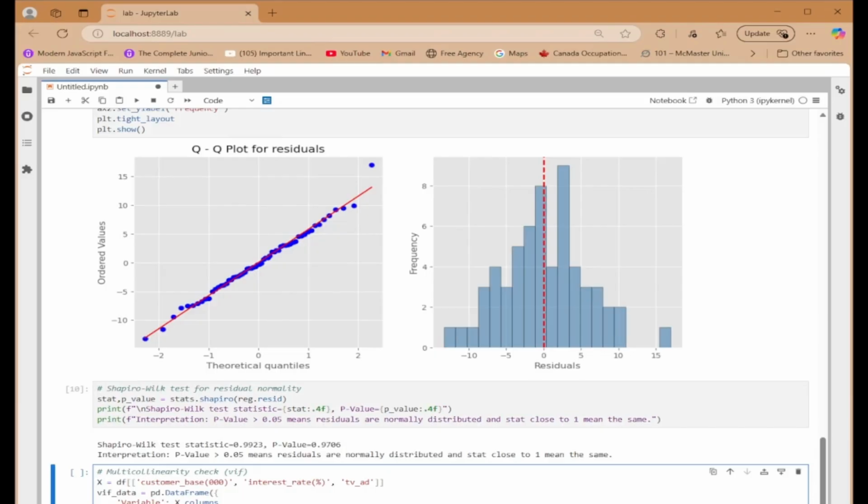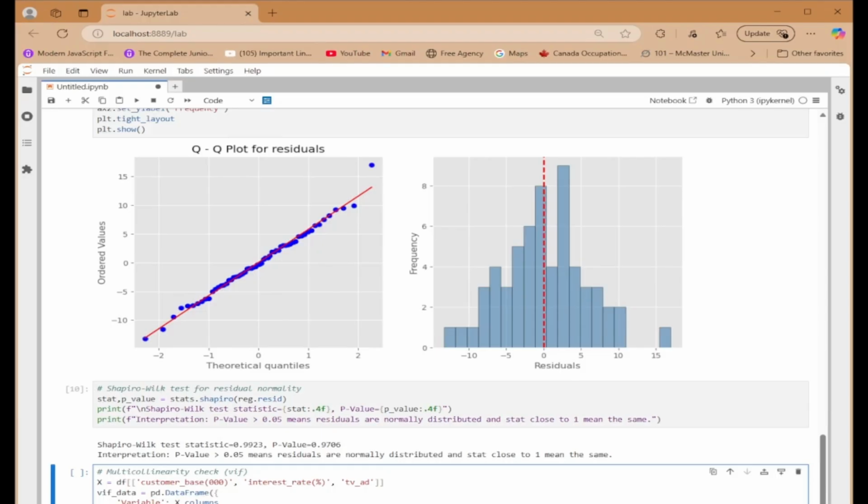We are summoning column because column is axis 1. Okay, so for i in column x.shape, let's print VIF data.